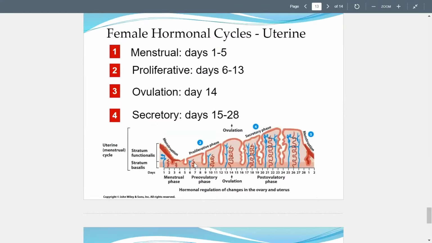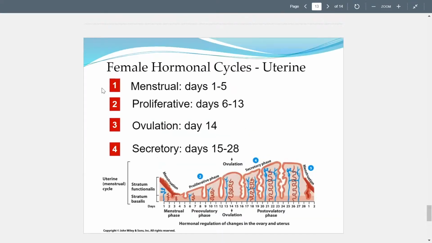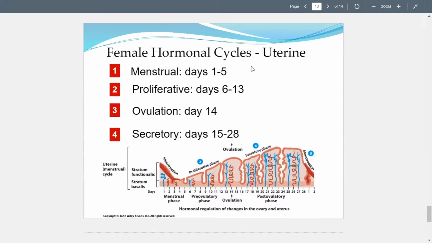This just shows how long each step of the cycle takes. The main one here is ovulation at day 14, the release of the egg.